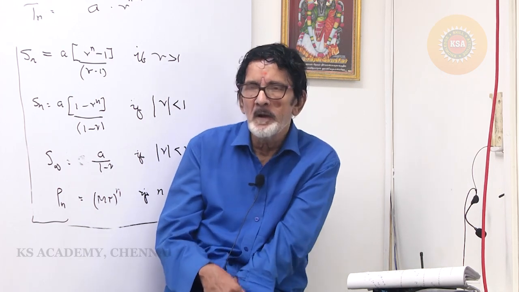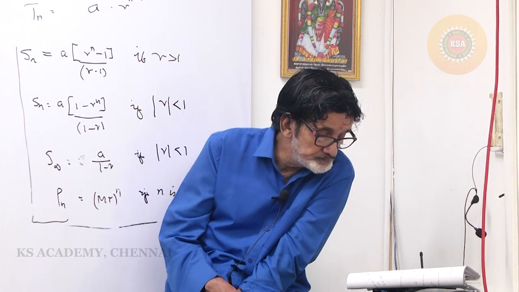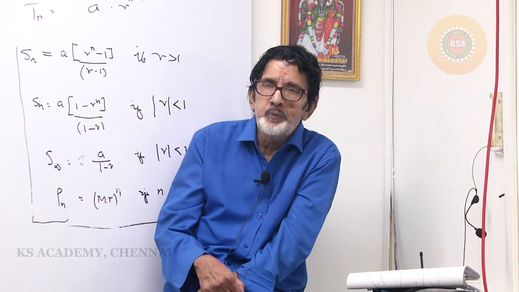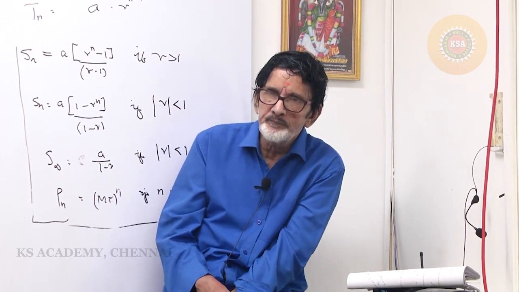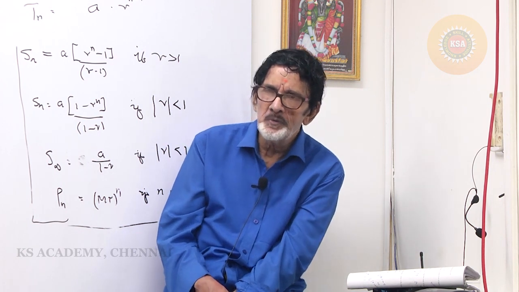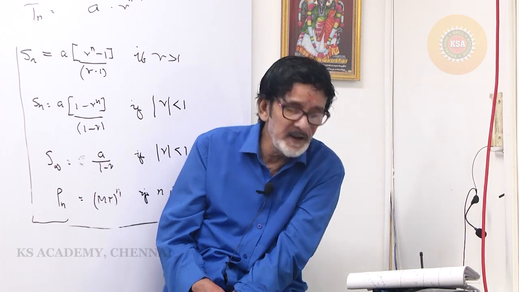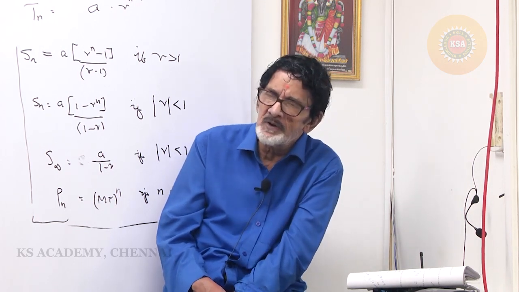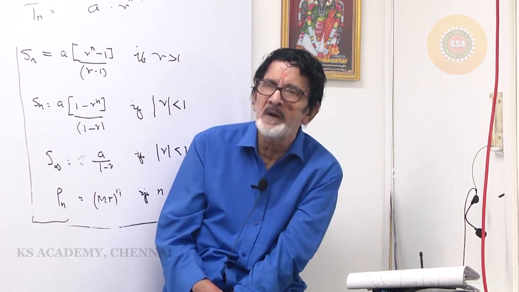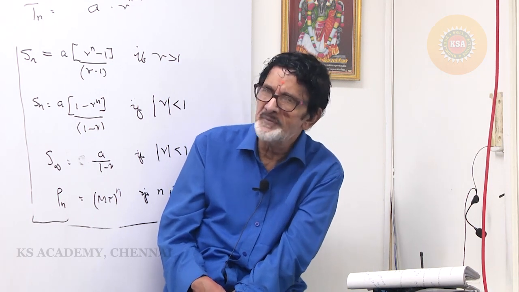Below you write: put n is equal to 1 in each option and simplify.